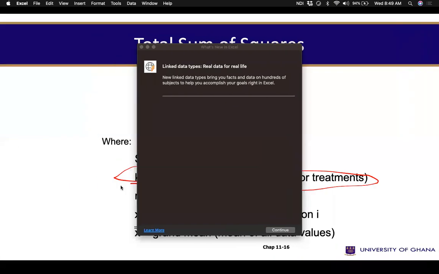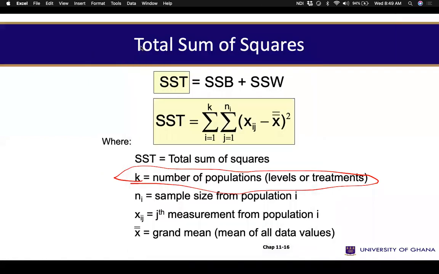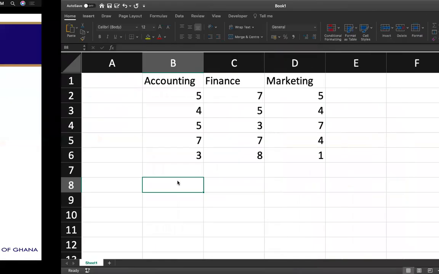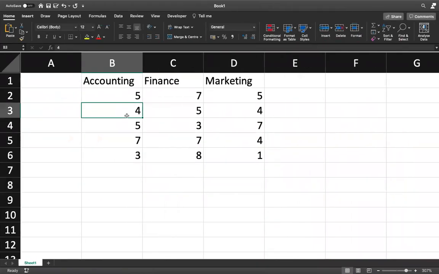We want to find a way of determining the total sum of squares. First of all, I can calculate the averages, and I want you to pay attention here.